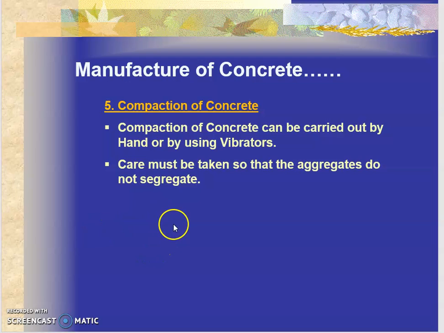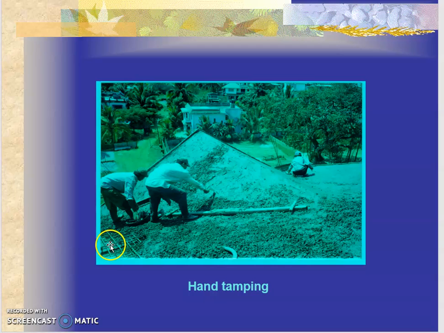Such kind of concrete will not give you the adequate strength. If you have designed it for a particular value, the actual strength achieved by that member will be way much lesser.